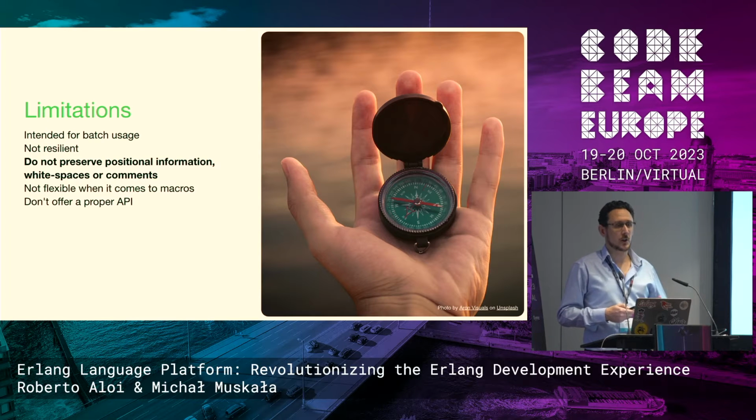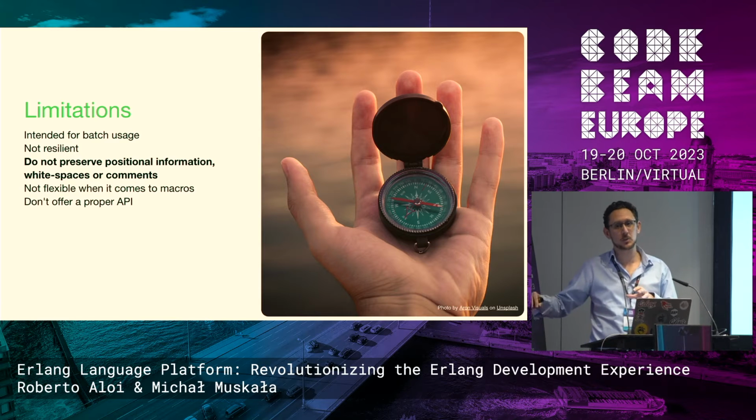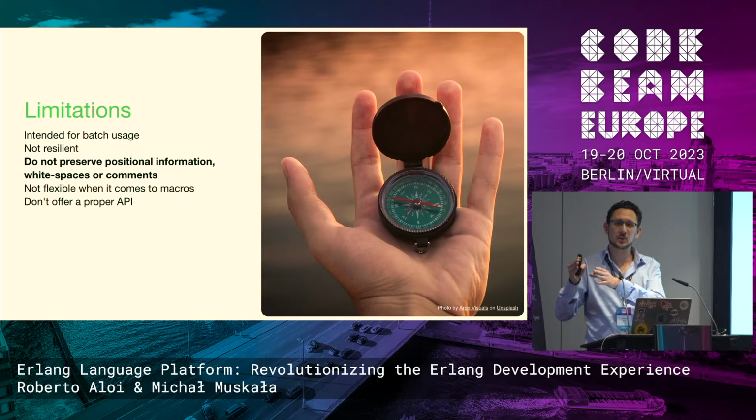These tools are also pretty bad at preserving metadata about the code or some extra information. Some of them lose positional information. For example, I think when you parse a wild attribute in Erlang, some of the locations of where types or variables are used are just lost in translation.